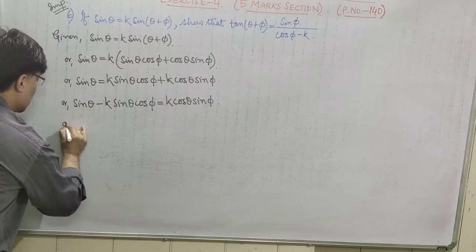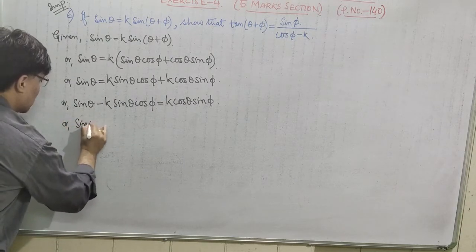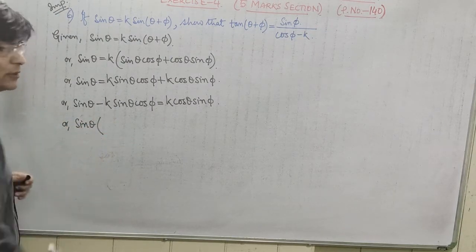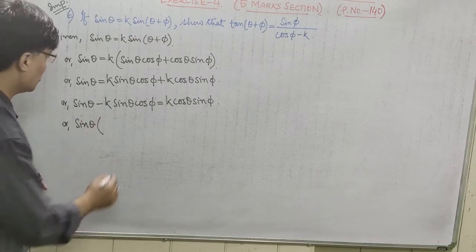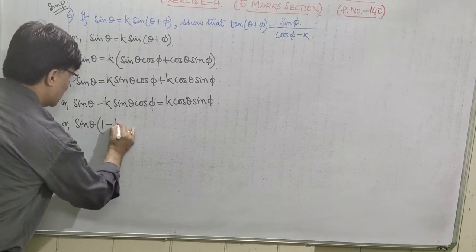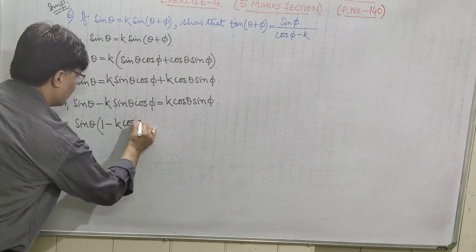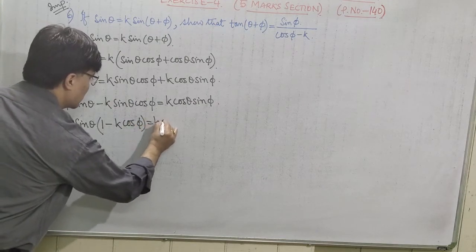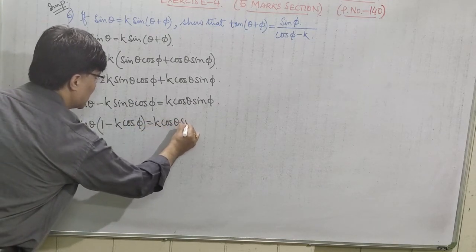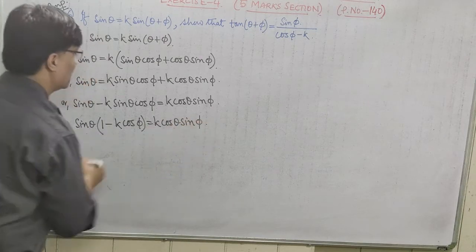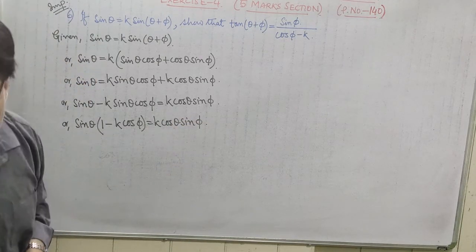So what is common out here? Sin θ is common here. So sin θ (1 − k cos φ) = k cos θ sin φ. I think you have understood it.